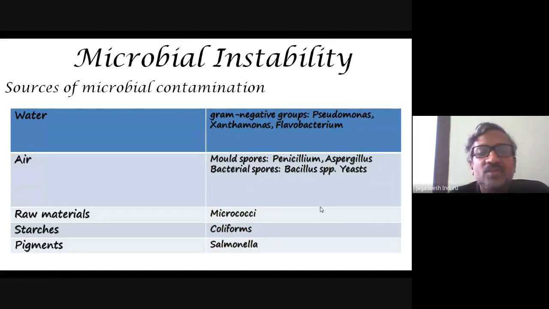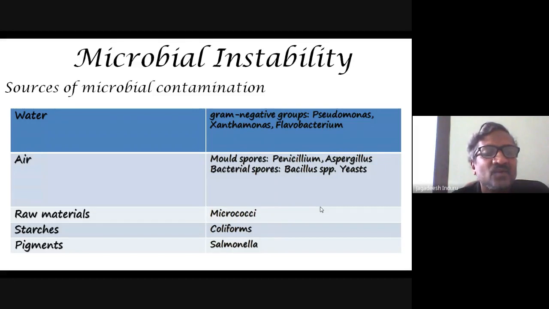Almost all pharma industries, if you visit, appear like 7-star facilities and move beyond that, because they have air supply and water supply given the utmost care. We need to take care not only of visible organisms and particulate matter, but also non-visible particulate matter and organisms. In this way, we can avoid microbial contamination of our product.